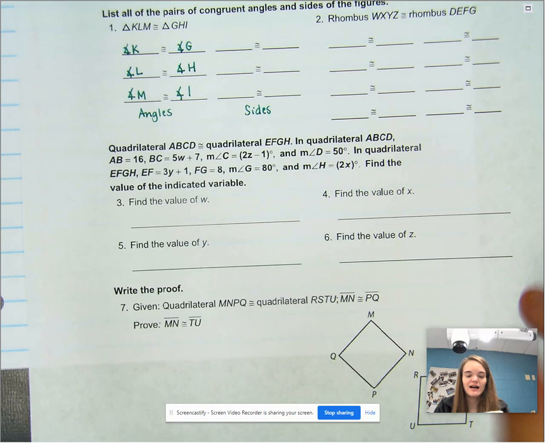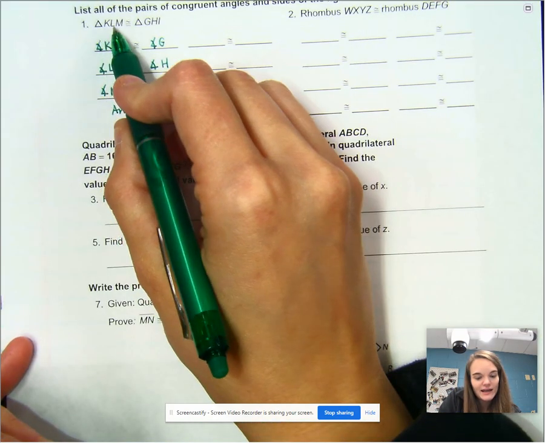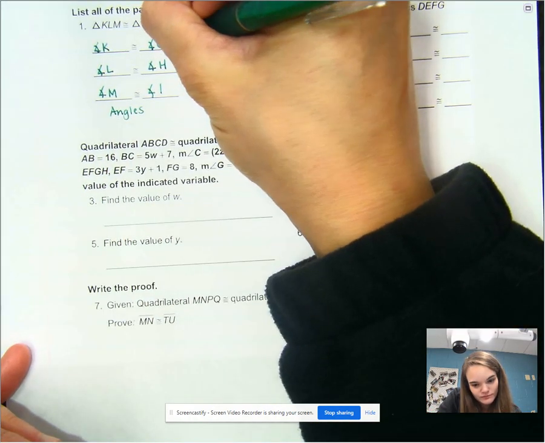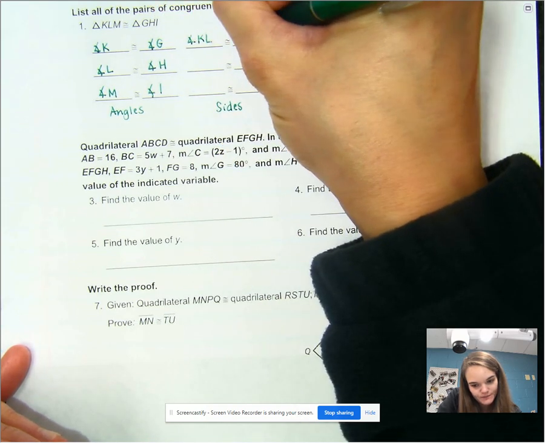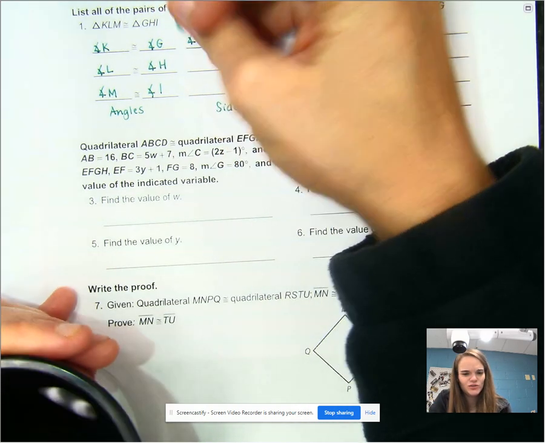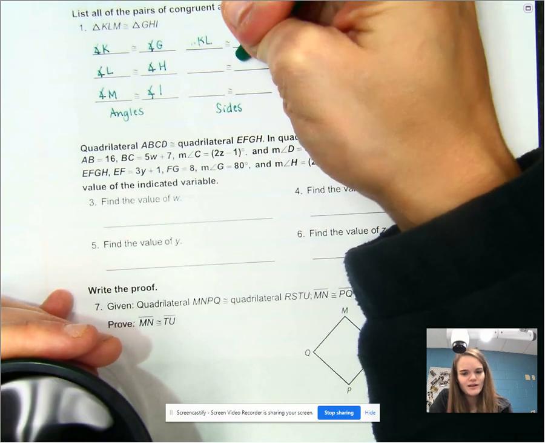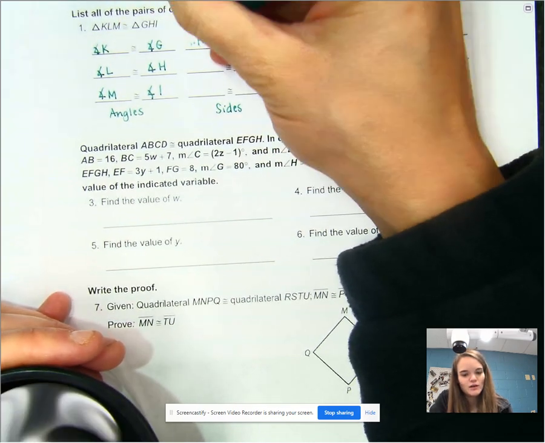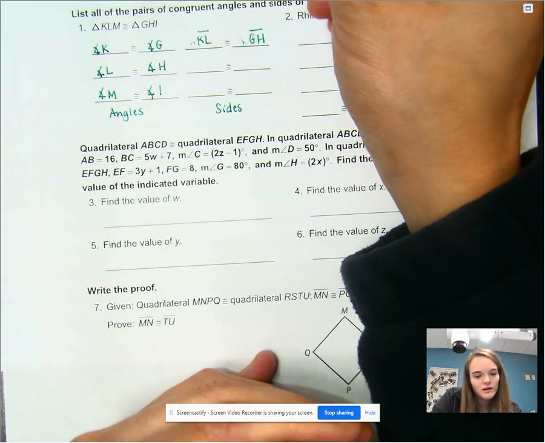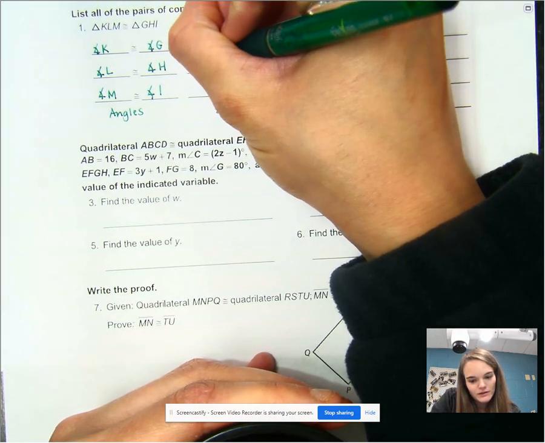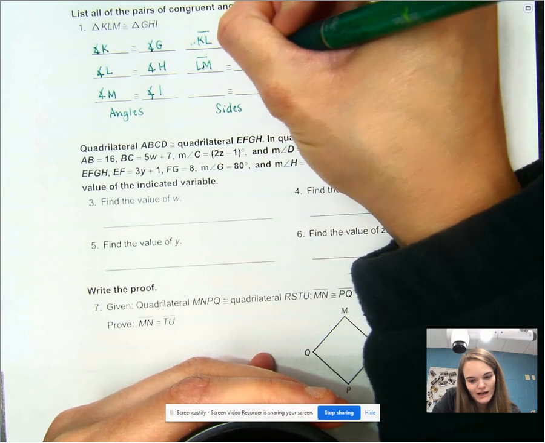All right, there are three sides. KL is congruent to GH. Not angle. Sides, guys, sides. Sorry about that, change that. LM is congruent to HI.